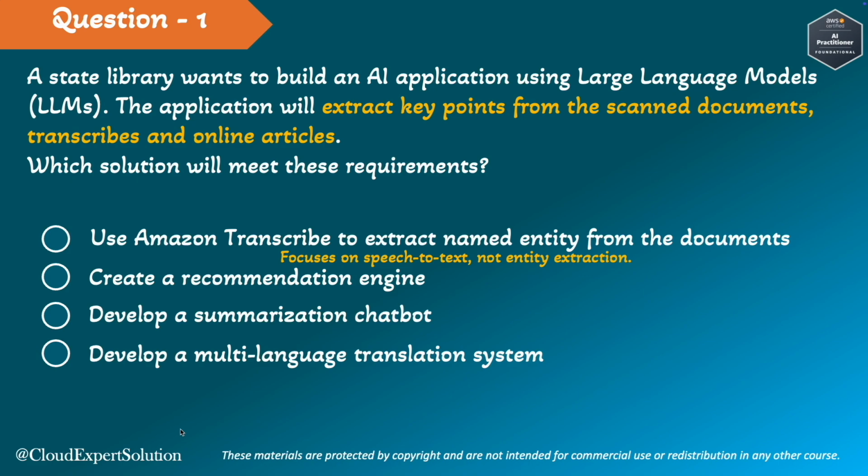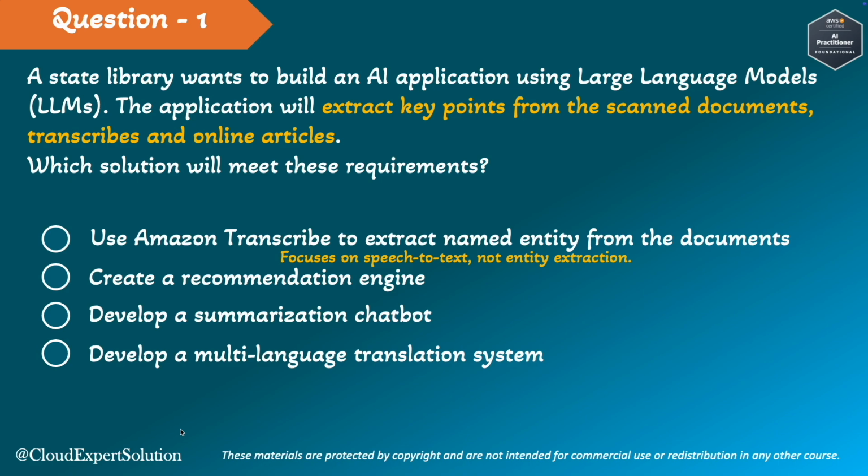The first option is saying use Amazon Transcribe to extract named entities from the documents. Amazon Transcribe is primarily used for converting speech to text. It does not have the capability to extract named entities from documents. Named entity recognition is typically handled by Amazon Comprehend.